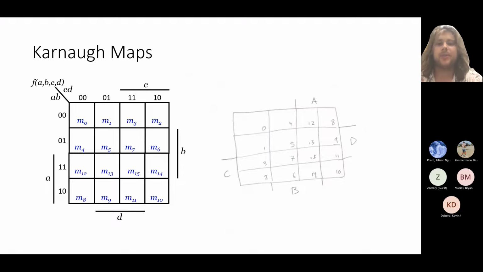The next tool for logic simplification is the Karnaugh map. They can be presented in a few different ways. This is the one from Dr. Basu's lecture. The most significant bit is here, followed by the second most significant, third most, and least significant.